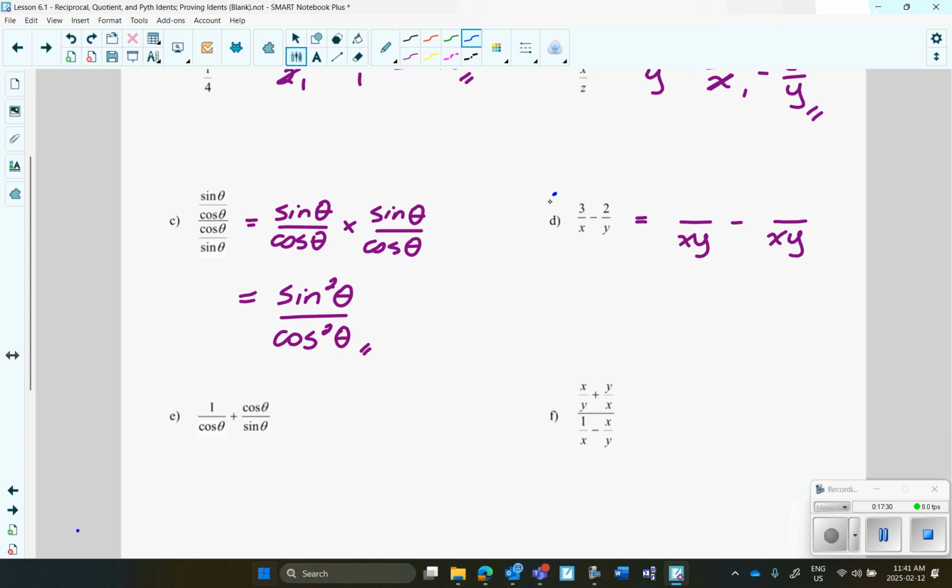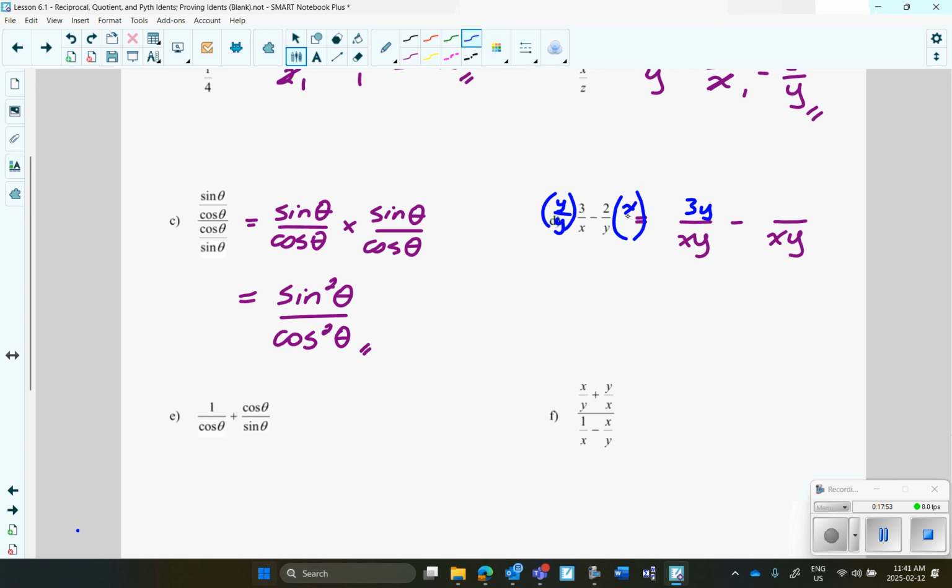So what if I multiply the first fraction by y over y to get xy? And whatever you do at the bottom, you got to do at the top. So y times x is xy, y times 3 is 3y. What do I have to multiply the second fraction by to get that LCD?